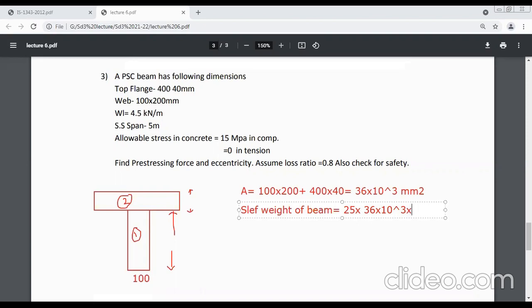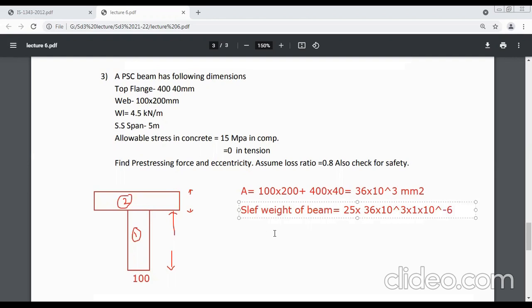Why 1000 square? If you want mm to meter, we divide by 1000, but here it is mm square. That's why divided by 1000 square. 1000 into 1000, it will be multiplied by 1 into 10 raised to the minus 6.